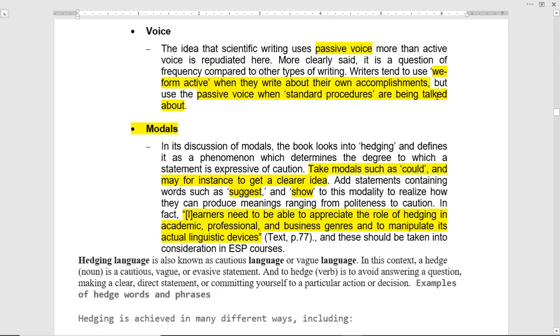Apart from tenses and the voice, passive or active, the modals are another important part, such as could, should, and so forth. Take modals such as could and may, for instance, to get a clear idea.